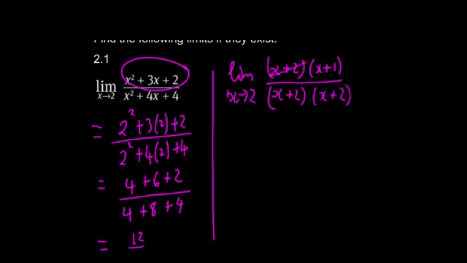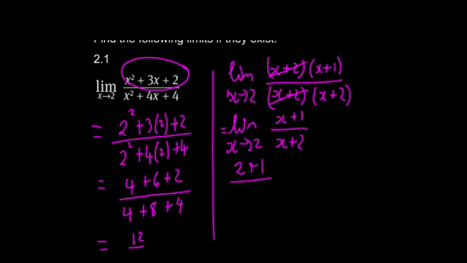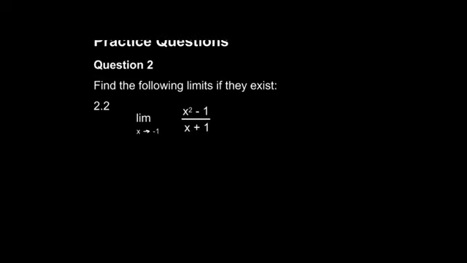Now, the x plus 2 divides the x plus 2. Then you are left with the limit as x tends to 2 of x plus 1, all divided by x plus 2. Now, as x gets closer and closer to 2, then we'll have 2 plus 1 divided by 2 plus 2, which gives us 3, all divided by 4, which is one and the same thing.